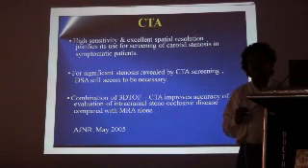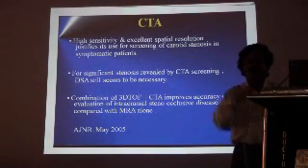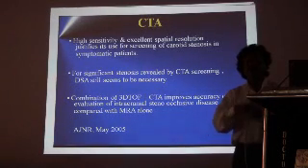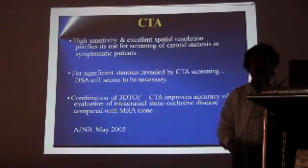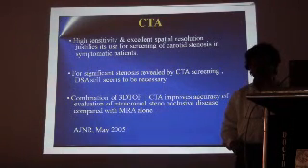Now, as far as CT angio is concerned, in fact, for screening, say in cardiac, it is a walk-in, walk-out procedure. With the 64 slice, the 50 slice is no longer used.